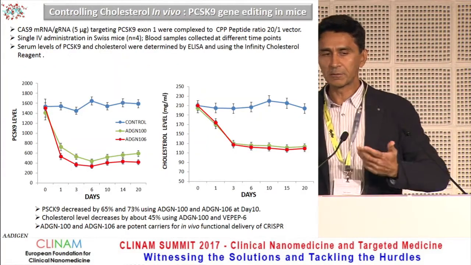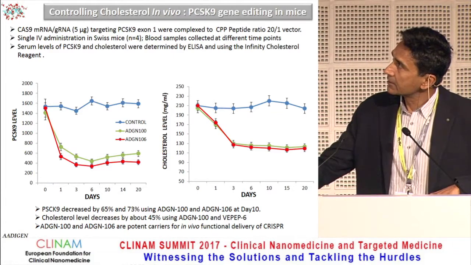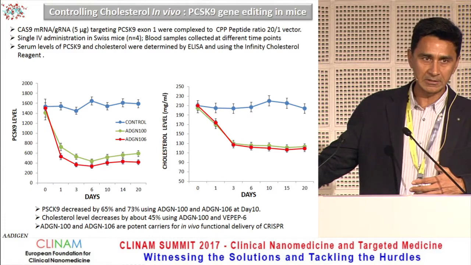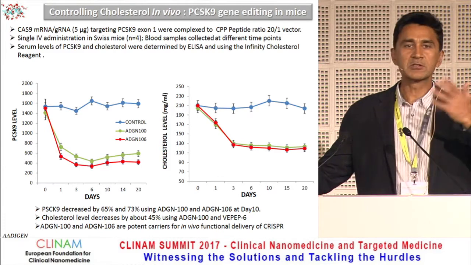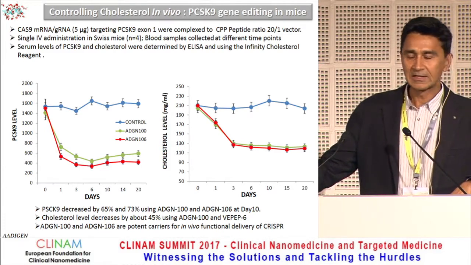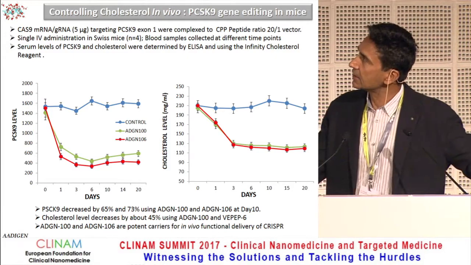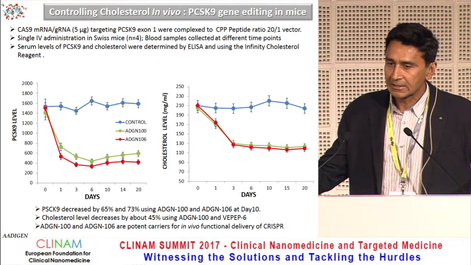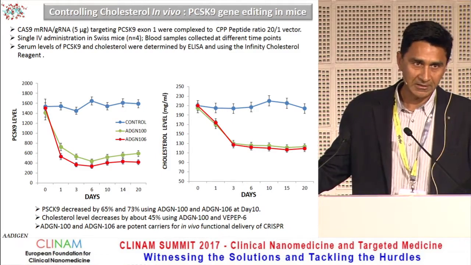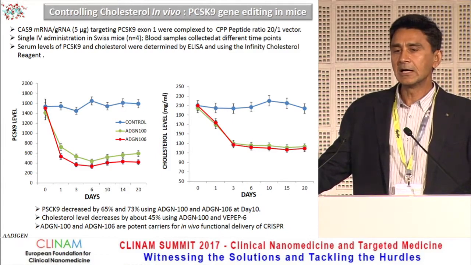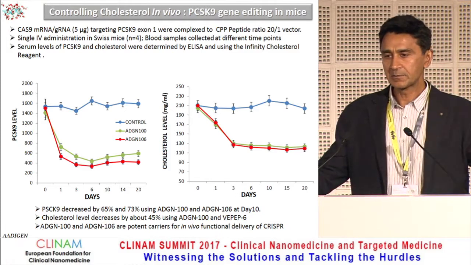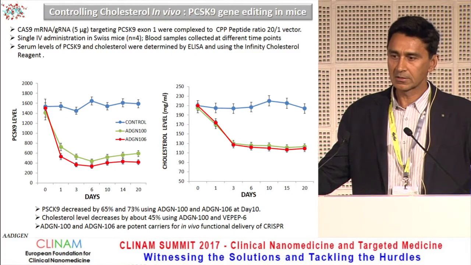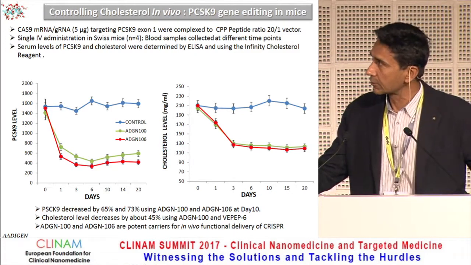Here's a sort of a more practical model maybe. These are mice, and the idea was looking at cholesterol signal. So you have PCSK9, which I think you're all familiar with. It's a good target to go after. And so we did the mRNA, Cas9 mRNA in this case, not Cas9 protein, with the gRNA targeting PCSK9, with the goal to essentially edit out the PCSK9 to the extent that we could.